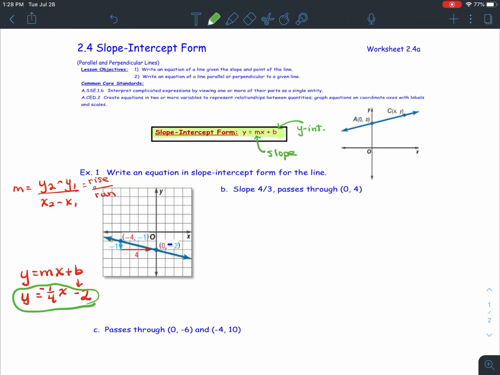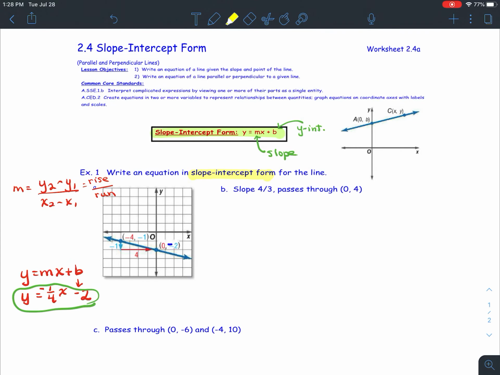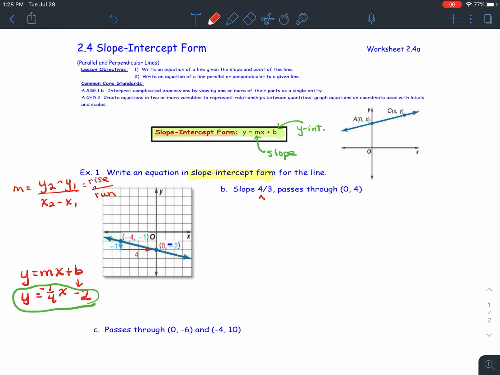Again, same directions. The goal here is to write the equation in slope-intercept form. In this example, they give us the slope, so there's our m, and then they give us a point, 0, 4. So I'm going to go ahead and plug the slope in for the m, but we need to know the y-intercept. Now, I want you to think about what all y-intercepts have in common.